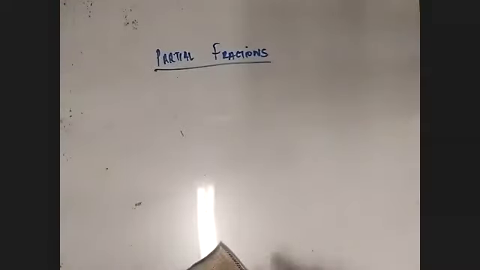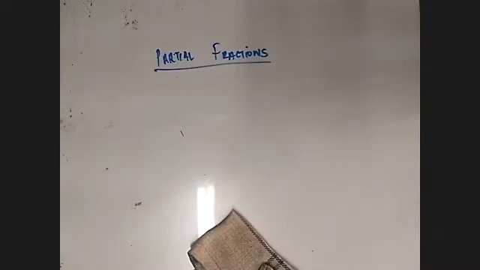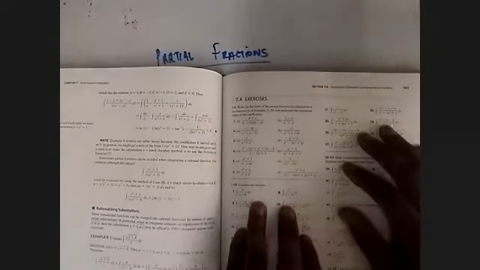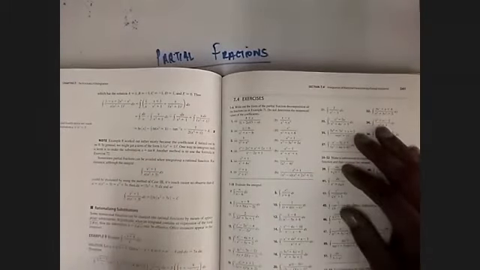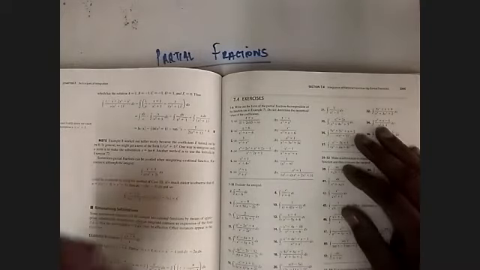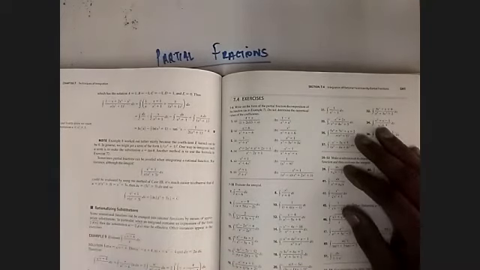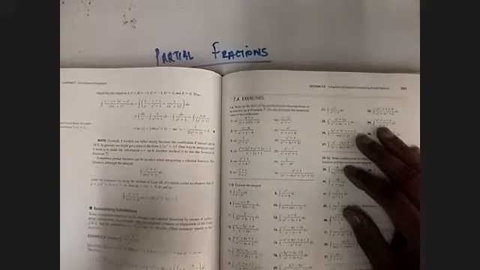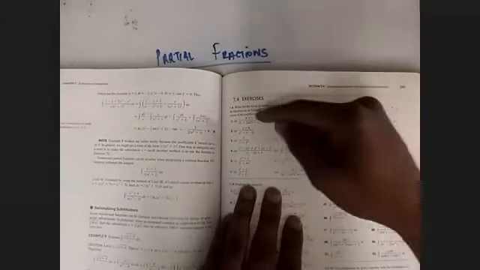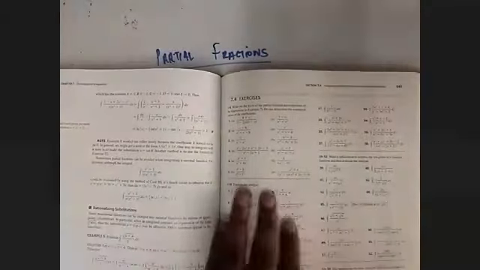So, let me have the first example, from the textbook. I'm going to teach you first how to decompose a function, not just any function, but a proper or improper fraction of functions. What I mean is a rational function.